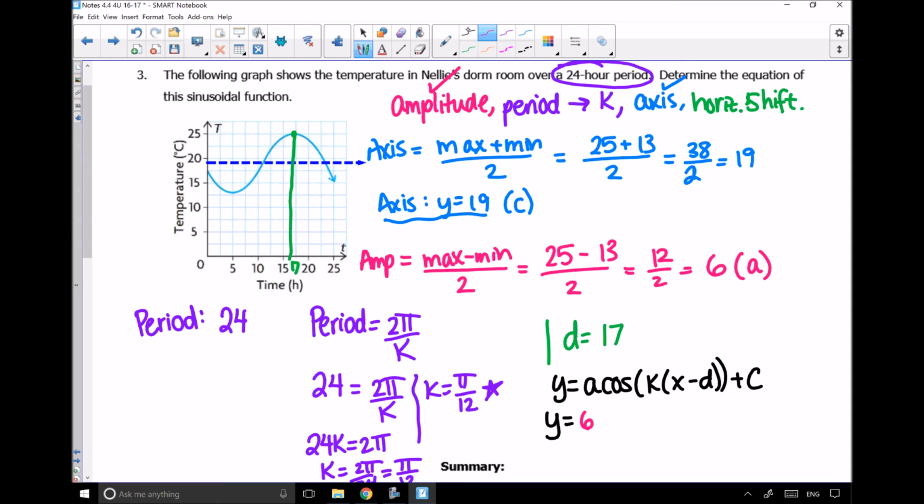So we're going to say it's 6 times the cosine of, we figured out our K value was pi over 12, times x minus, we know that our D value is 17, and then plus C, we know that our C value is 19. So it starts at 19, and we have our equation based on all of our different characteristics that we figured out in this graph right here. Okay?